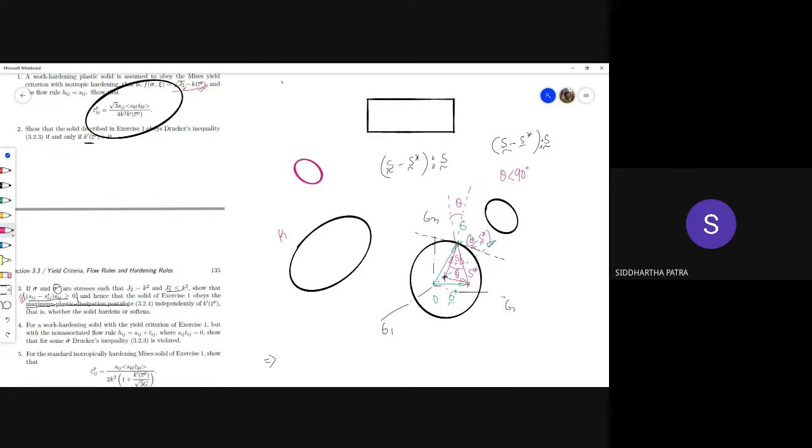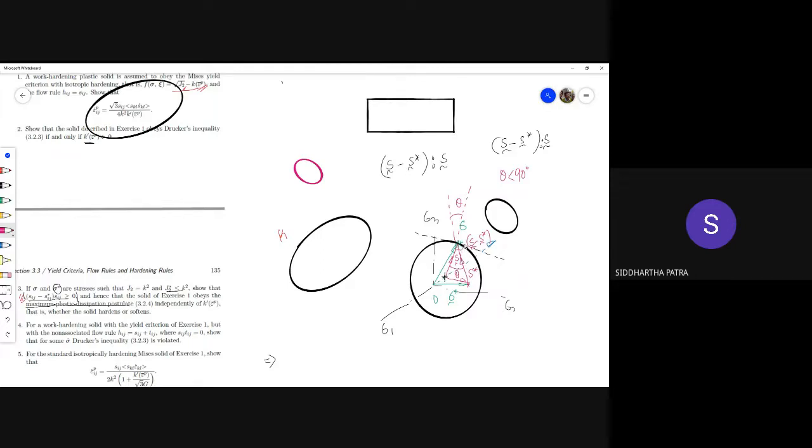And if I have an angle which is greater than 90 degrees, that would mean, if this is the tangent, this S minus S star must be at an angle greater than 90 degrees.